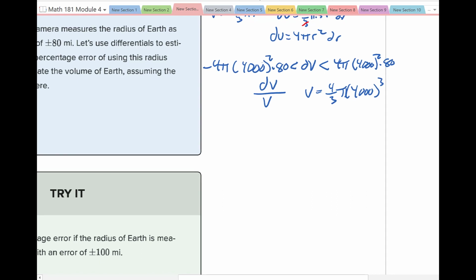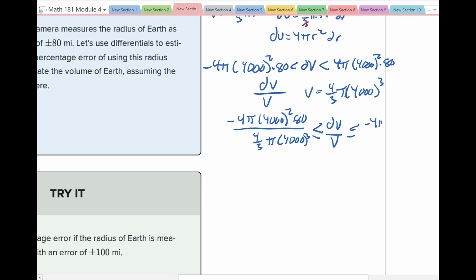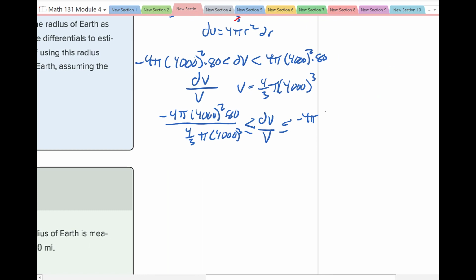So what we have is negative 4 pi times 4,000 squared times 80 over 4/3 pi times 4,000 cubed is less than or equal to dV over V, less than or equal to 4 pi times 4,000 squared times 80 all over 4/3 pi times 4,000 cubed.